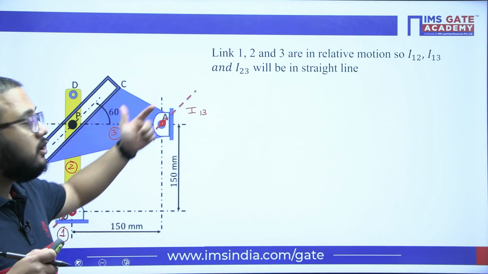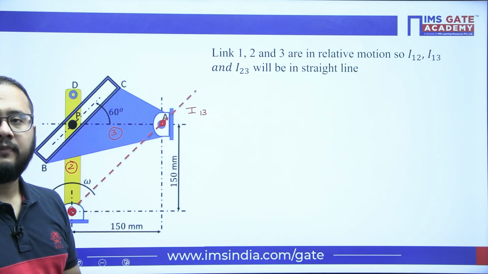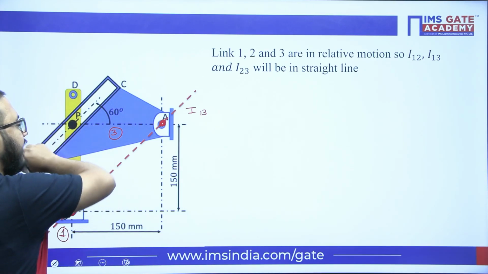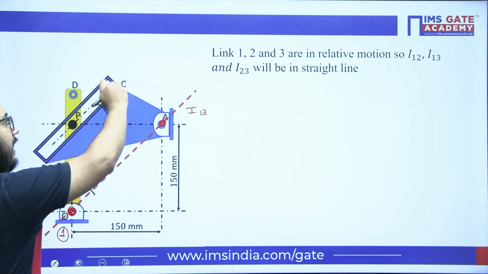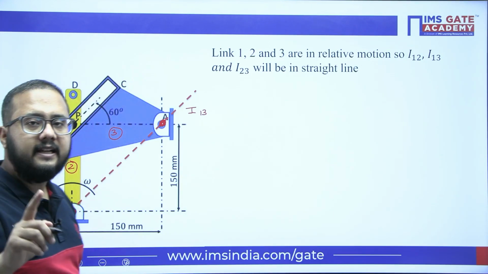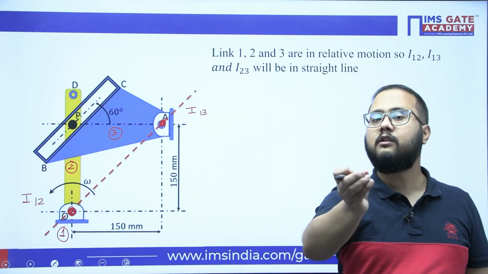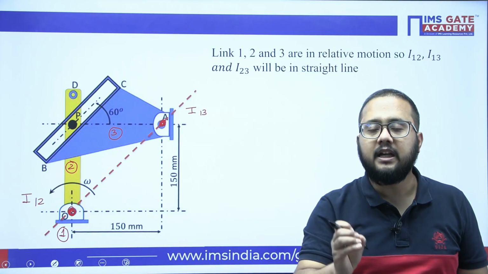Now I23 will be on this line itself, but how do we get it? They have told us the pin P is sliding in the slot BC, so sliding will happen. To get the I center, perpendicular to the sliding motion we will draw a line. I have drawn this line perpendicular to the sliding motion.